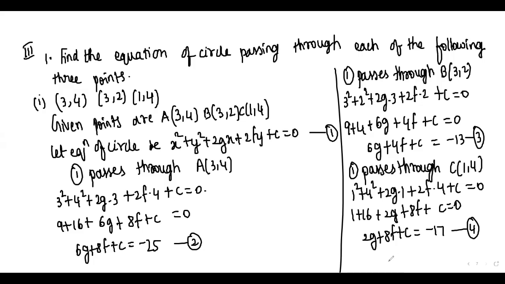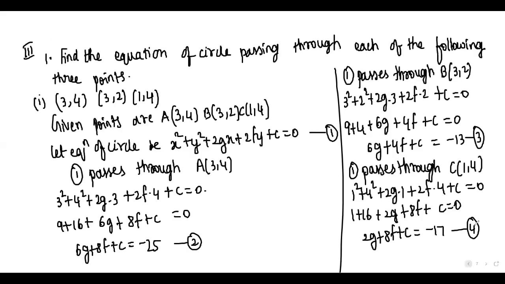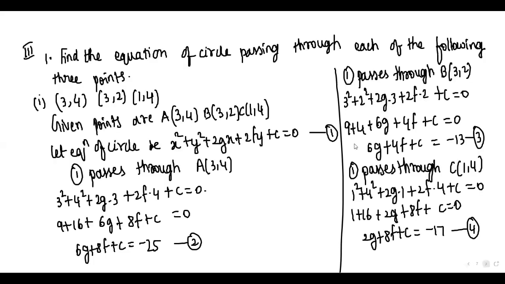Okay, after substituting these 3 points in the general equation, we will subtract them and solve. First we'll subtract 3 and 2. Let us do 3 minus 2 first. Third equation is 6g plus 4f plus c is minus 13. And second equation is 6g plus 8f plus c is equal to minus 25.